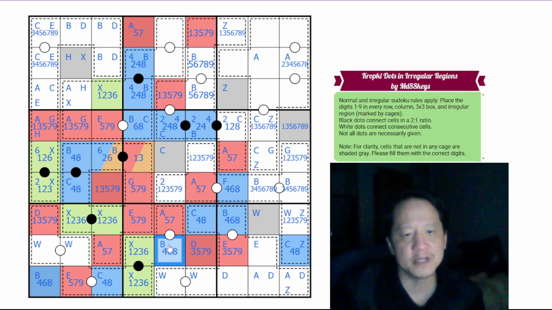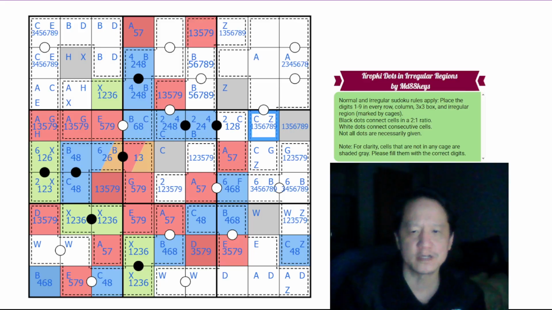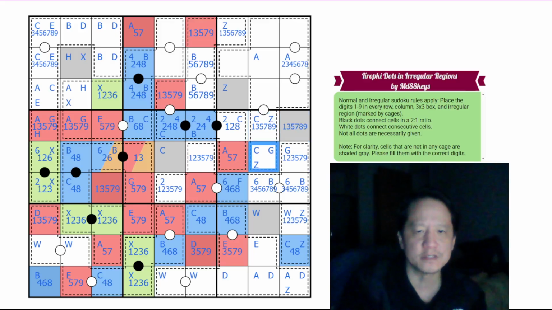Either way, B and F have to contain a 6, so therefore this can't be 6, these can't be 6. This can't be 6 because of the odd or evenness. One of these is guaranteed to be 6 here, which means 6 cannot appear in the rest of box 6. So this can't be 6, this can't be 6.